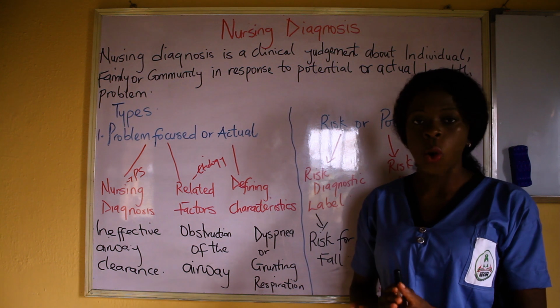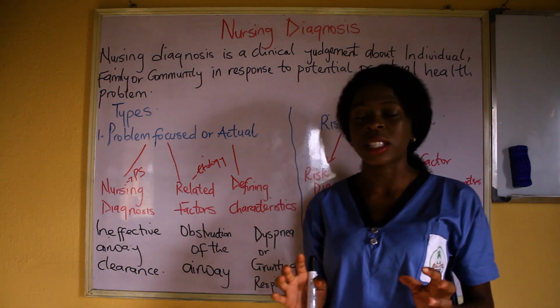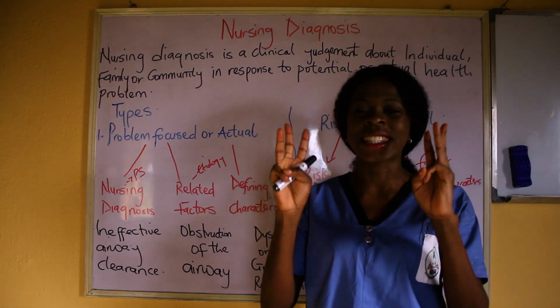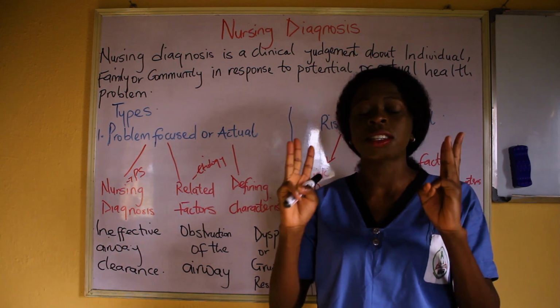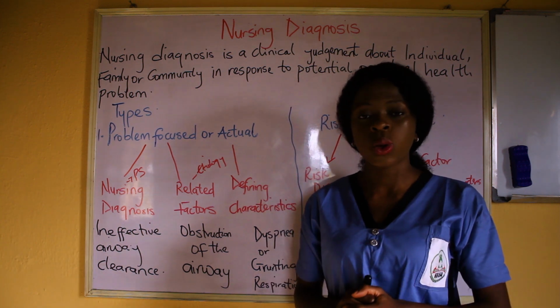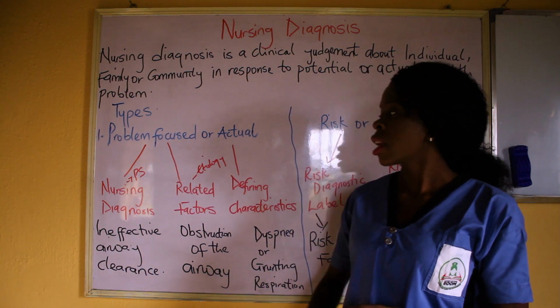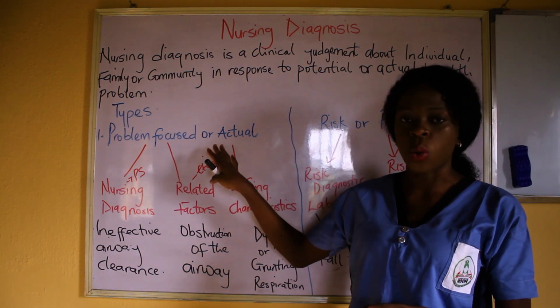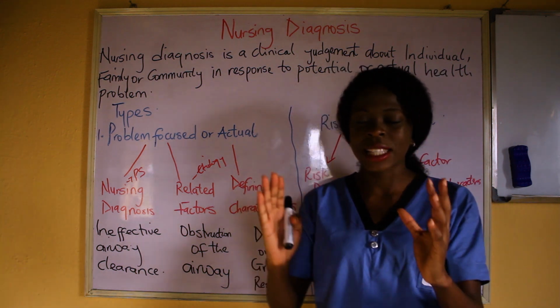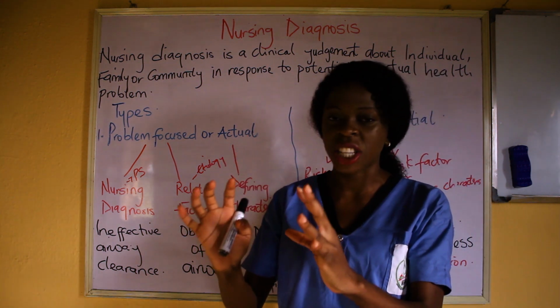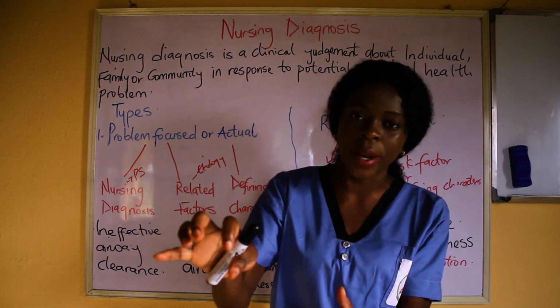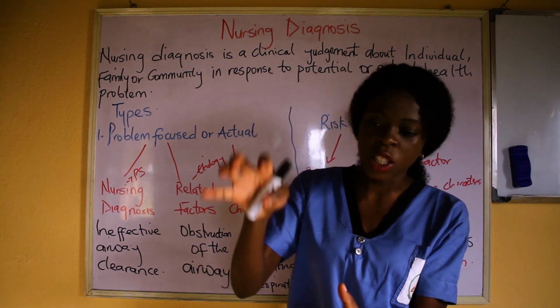The problem focused or actual nursing diagnosis is also known as the three-part statement nursing diagnosis. It is problem focused, actual. Why? Because on assessment, when a nurse is assessing a patient, the nurse sees this problem.